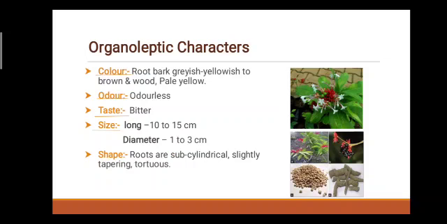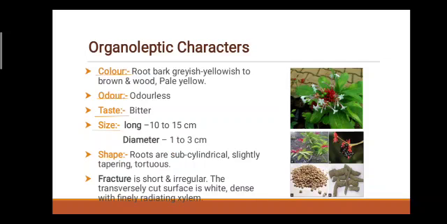Shape: roots are subcylindrical, slightly tapering, tortuous. Fracture is short and irregular. The transversely cut surface is white, dense, with finely radiating xylem.